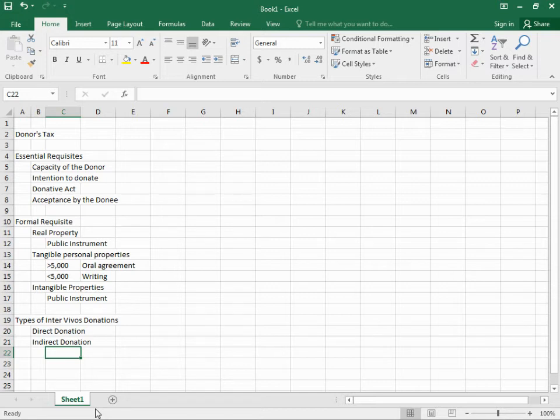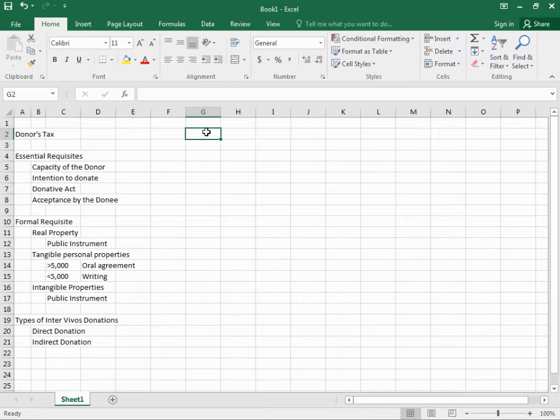Completed na siya kapag yung transfer of ownership is fully transferred to the donee. Gets? Yeah. Kapag irrevocable naman, once transferred to the trustee, I mean to the trust, then the donation is already completed. Okay? So, I hope that's clear.